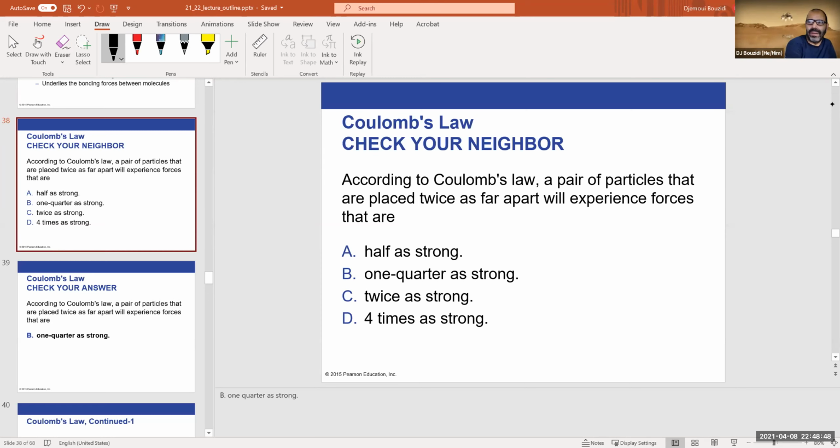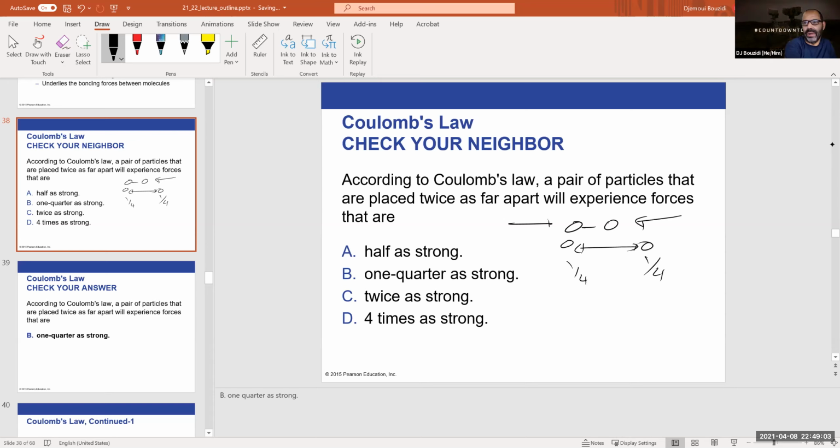So they were here, and now you put them here. So this distance has doubled. The force will shrink by a factor of 4. So if this is the force bringing them together, this is how much force is now bringing them together. Okay, so that is basically how you can think of this.